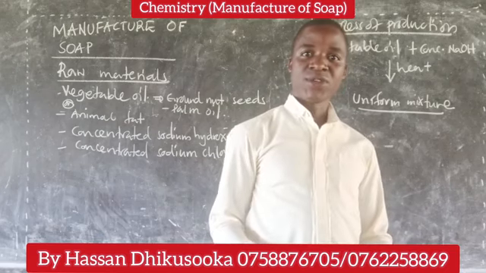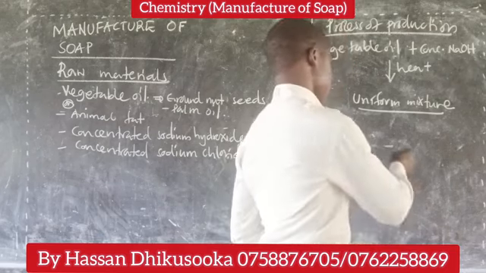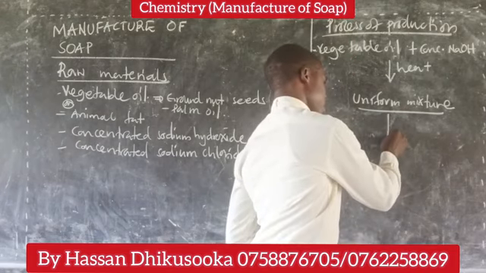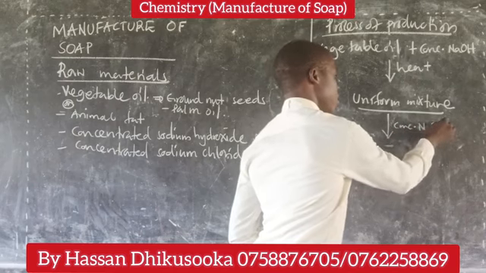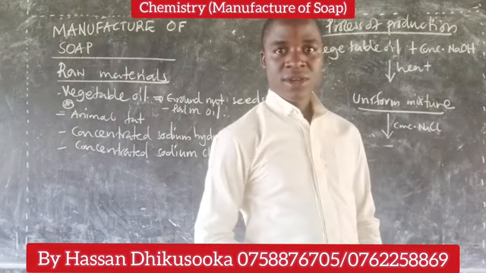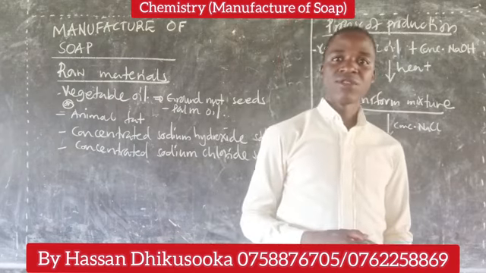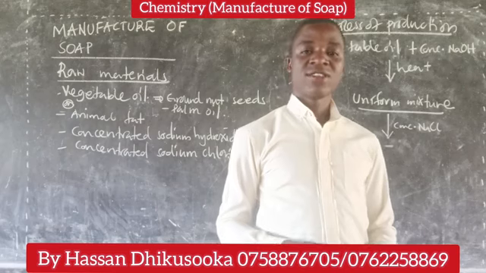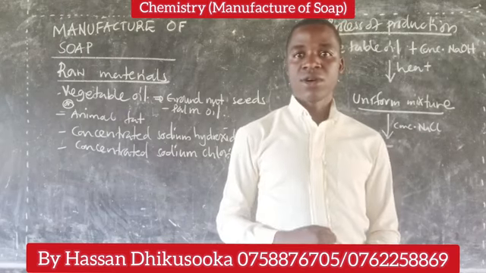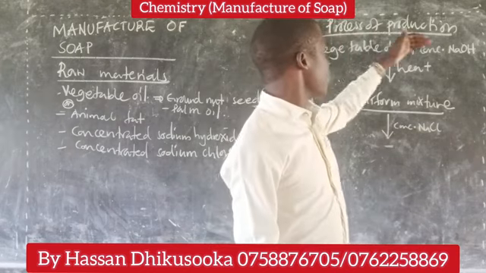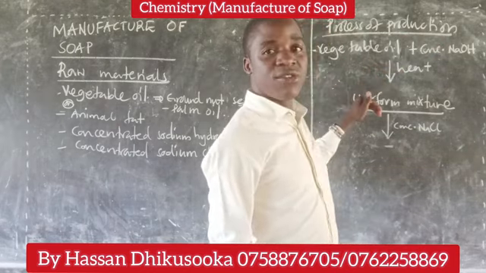When you allow it to cool, after, you add concentrated sodium chloride solution. What is its use? Its use is to precipitate out the soap. Because when you heat these two, you obtain the uniform mixture.